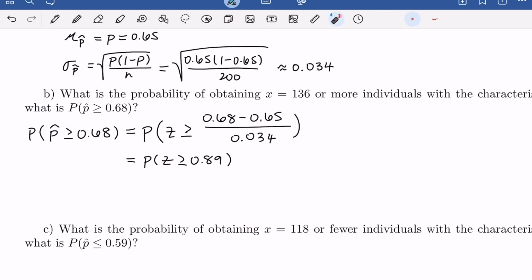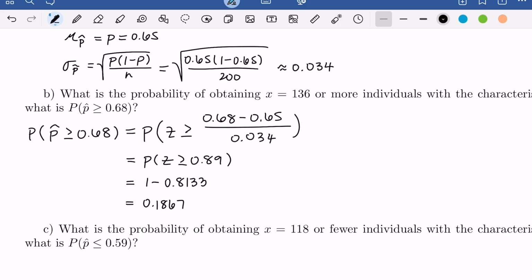But remember, the area under the curve for this z-score is going to be the area to the left of it. So in order to find everything to the right, we're going to take 1 minus this probability. Looking at our table 5, the area under the curve corresponding to this z-score is 0.8133, so 1 minus that is 0.1867.